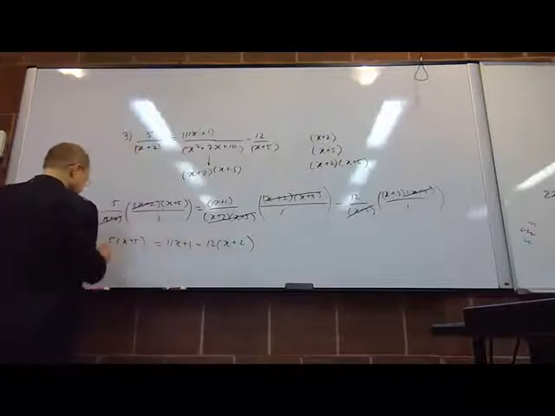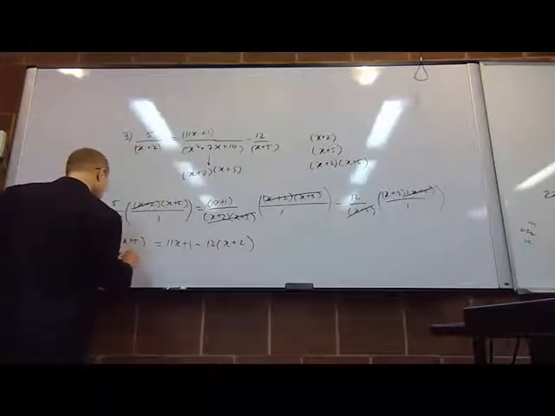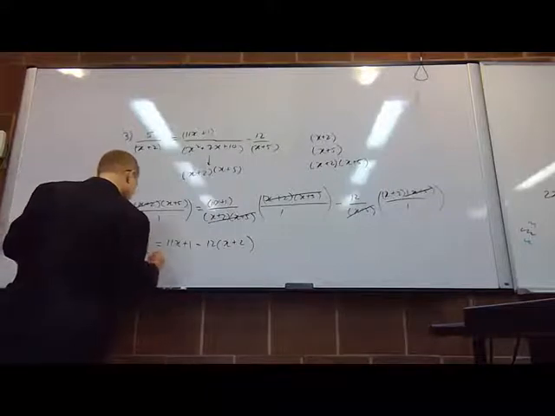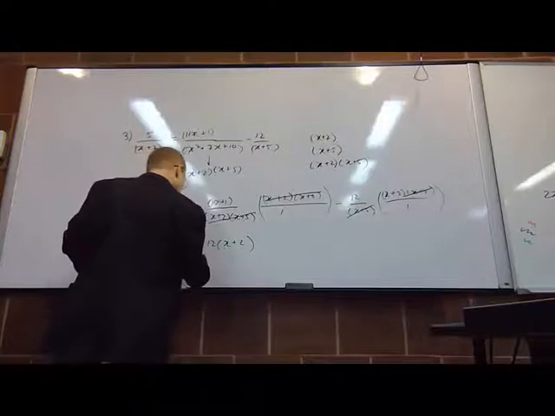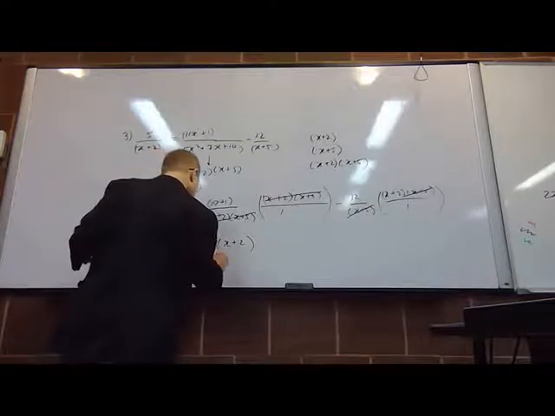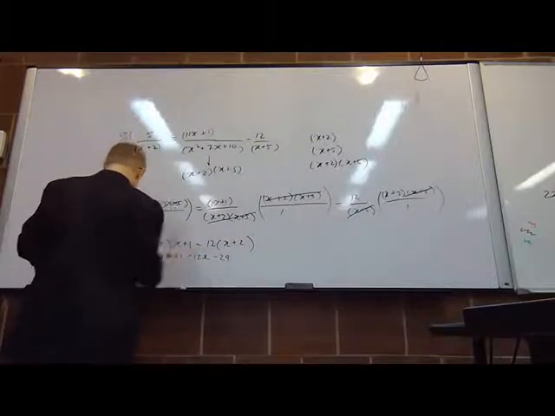Distributive property, so I get 5x plus 25 is equal to 11x plus 1 minus 12x minus 24, and then I put together the common terms.